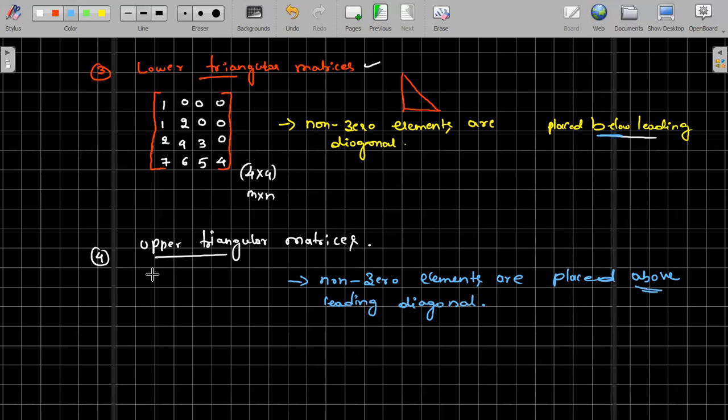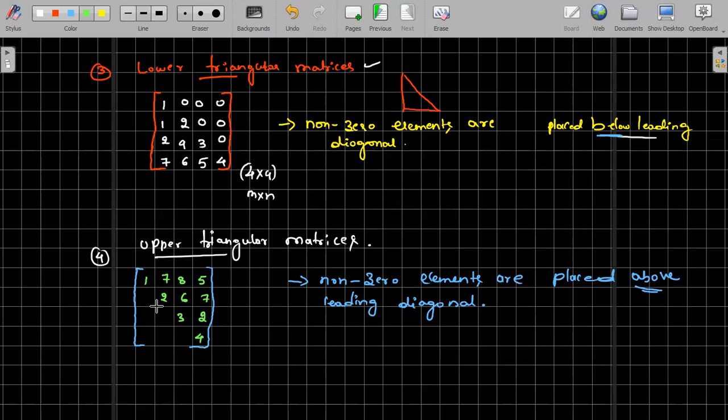Let's take the same thing. 4 by 4, 1 2 3 4 rows and columns like this. Here I will take certain elements above the diagonal, something like 1 2 3 4, and here whatever you want you can place, 7 8 5, again 2 6, again 7, and if you want you can write some more elements like 6 or 2.